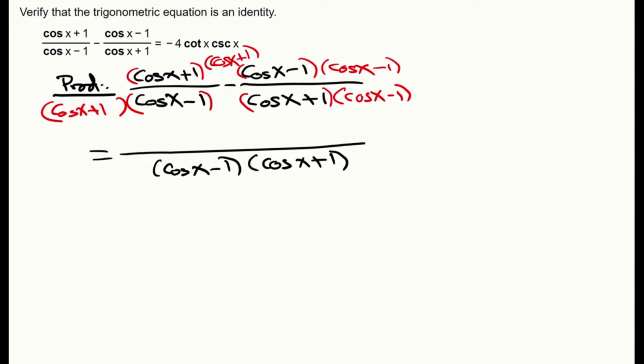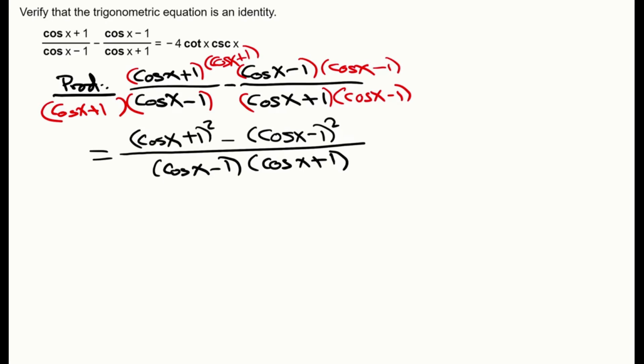So now for the first numerator, we now have cosine x plus 1 squared minus quantity cosine x minus 1 squared.